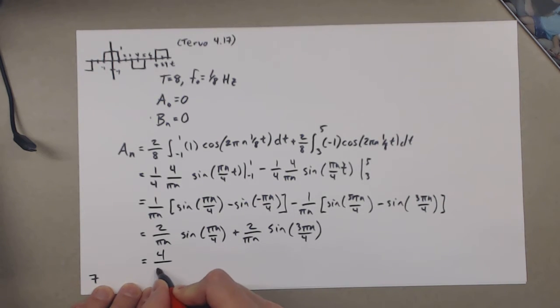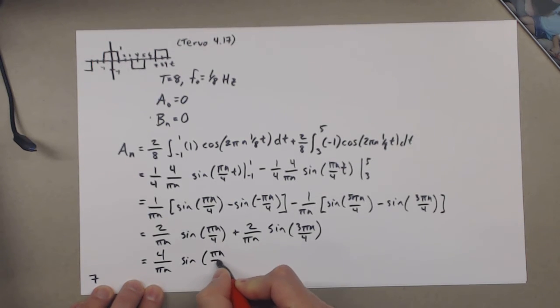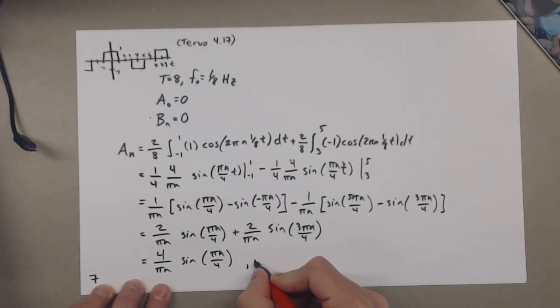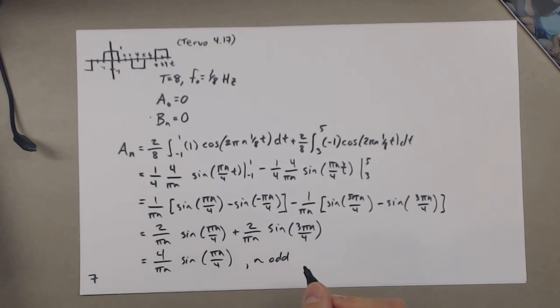So we have 4 over pi n sine pi n over 4 for n odd. So that's how we find the trigonometric Fourier series coefficients for problem 4.17.